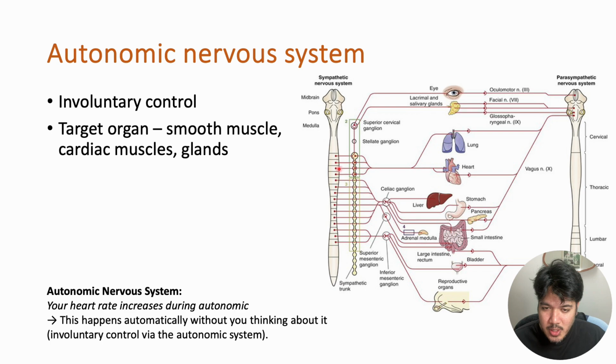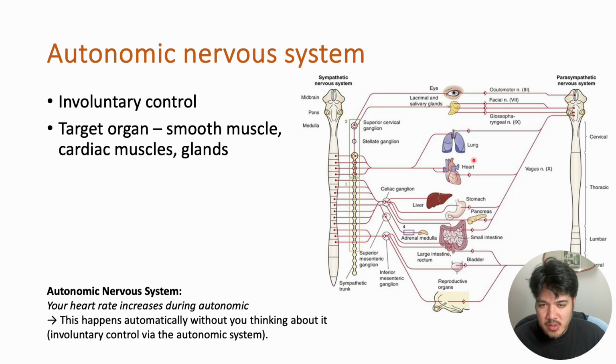From the spinal cord, you will notice that you have nerves that branch out from there, and that's what we call your autonomic nerves. The autonomic nerves branch out to control different organs in your body. For example, your eye has some level of sympathetic control, so do your glands, your lungs, your heart, your gastrointestinal tract, your bladder, and your reproductive organs as well.